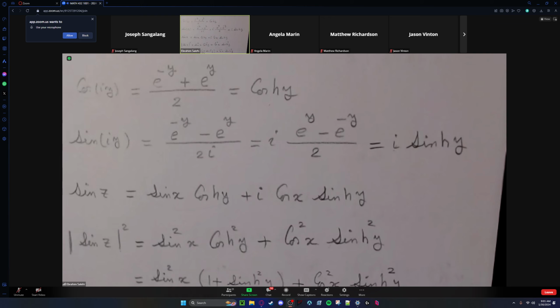Here I have sine squared x, well, we will leave that right there. Then I will have cosine squared x sinh squared y. If I factor sinh squared y, sine squared plus cosine squared is 1. So this is what you get.